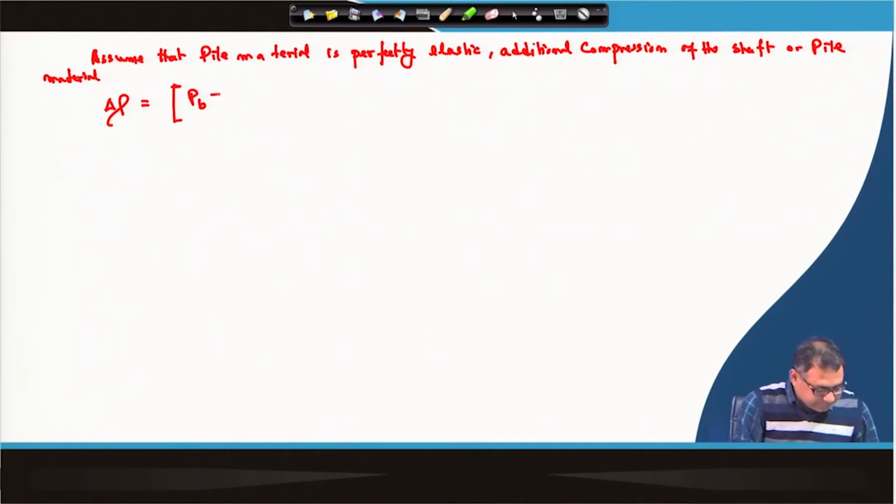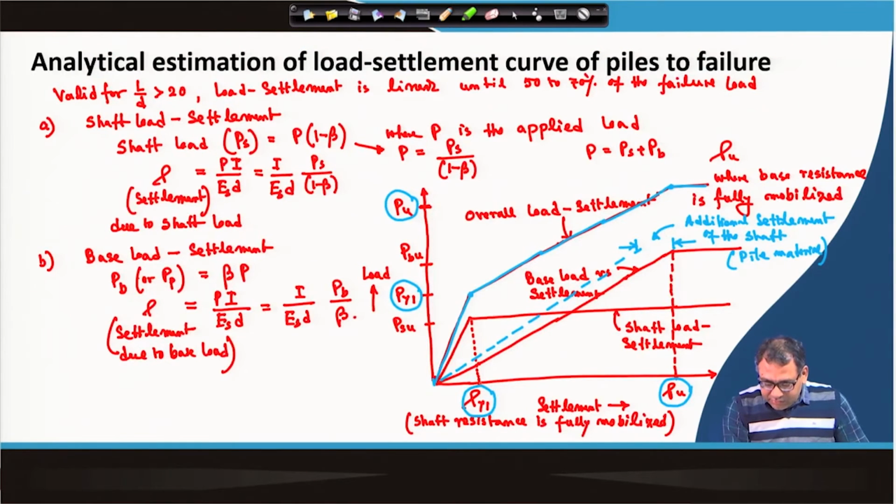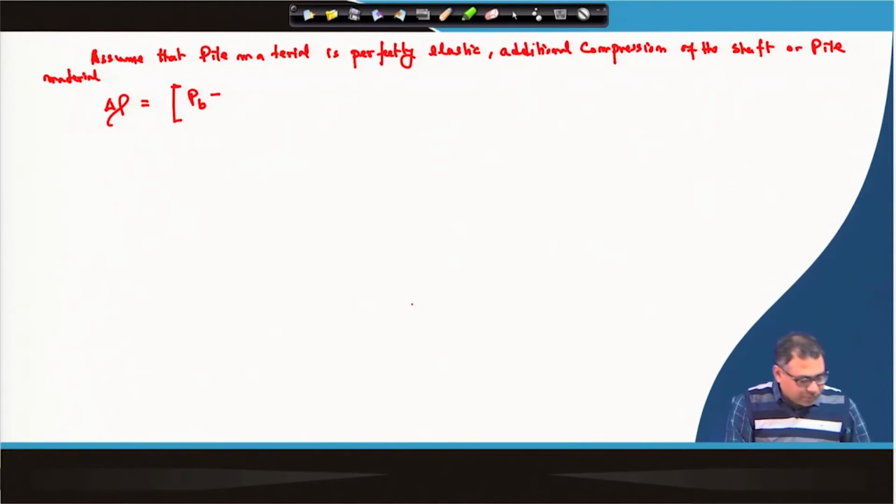You can see that the total load is P y 1. So, the total load at P S U is equal to P y 1.